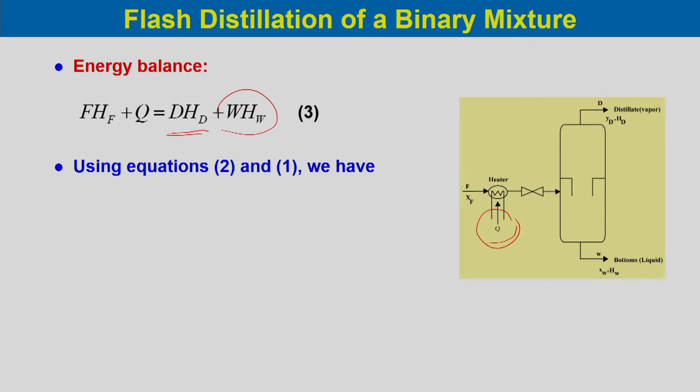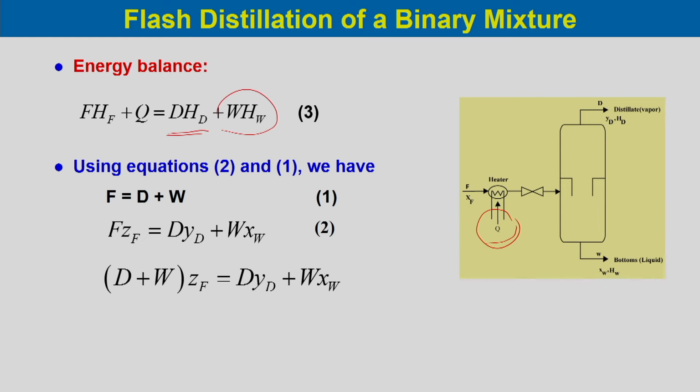Now, if we use equation 2 and 1, equation 1 is the total material balance, and equation 2 is the component balance, F ZF equal to D YD plus W XW. Using these two equations, if we substitute D plus W in place of F, we have D plus W into ZF equal to D YD plus W XW.